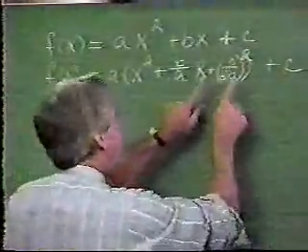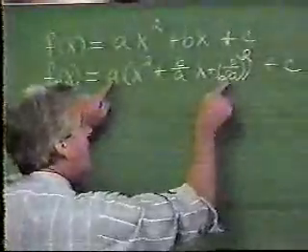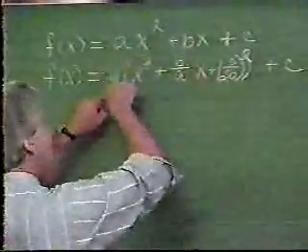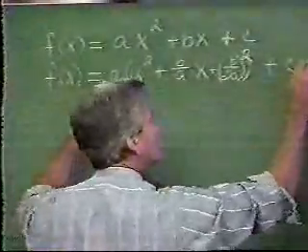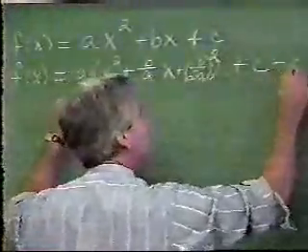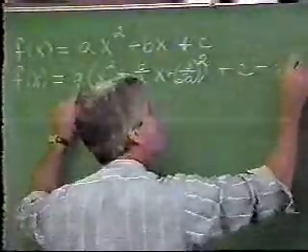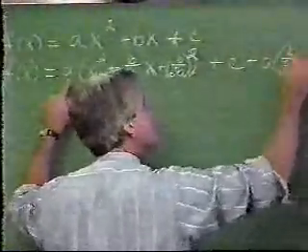Now what amount, you see, what amount am I actually adding? I'm adding a times that to this side. So I have to subtract a times b over 2a squared. All right, let's go through and simplify just a bit.